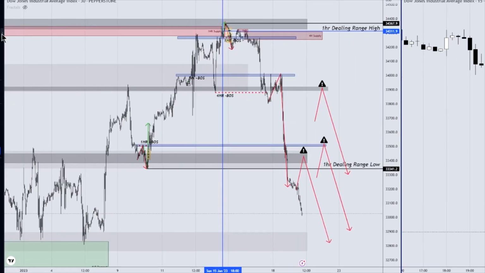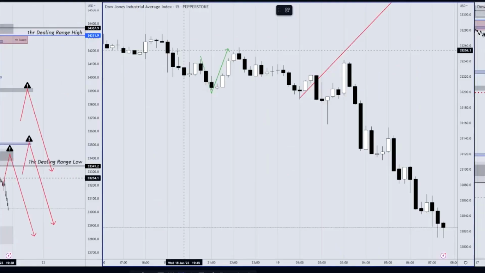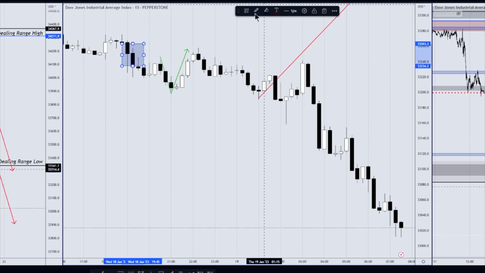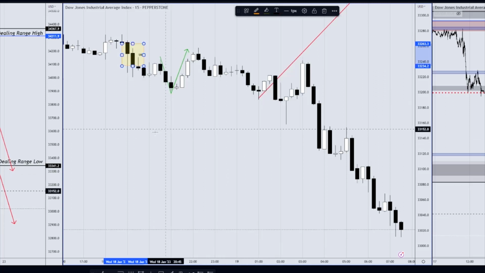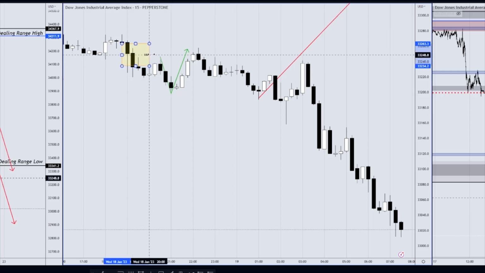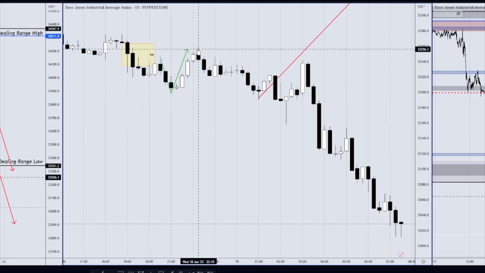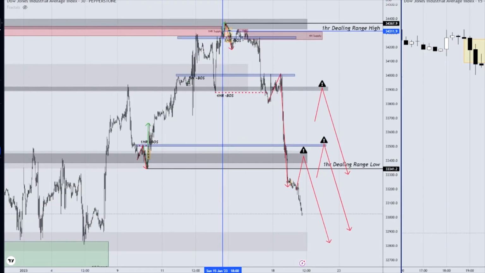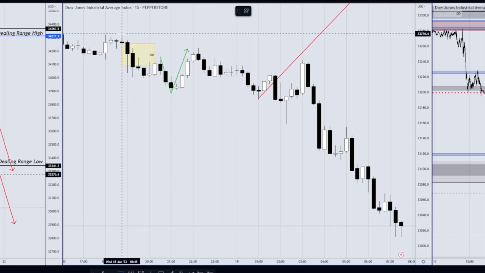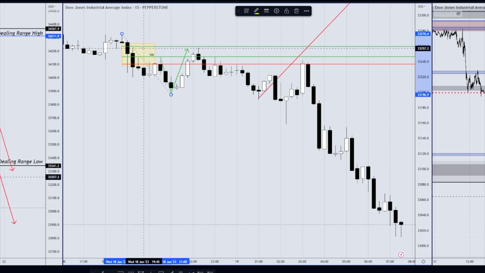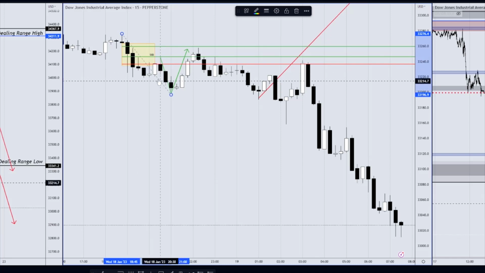So if I was to put a rectangle in this area just by here, is sell side imbalance, buy side inefficiency. So price comes back up into that region, and from this high to this low it's about 60 or so percent retracement. So if I just put the fib on in this area, you can see how it's come back to that area. So that to me is a sign of bearishness.